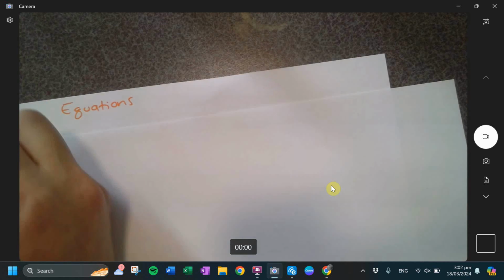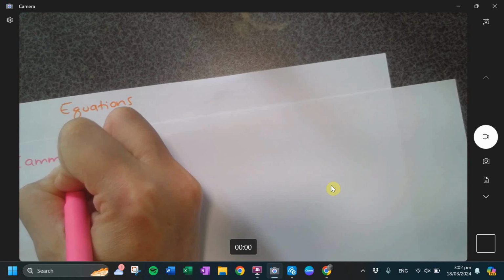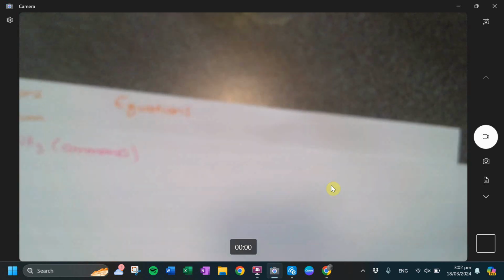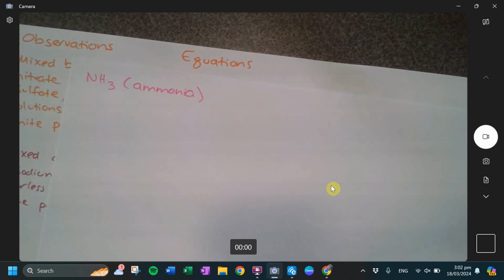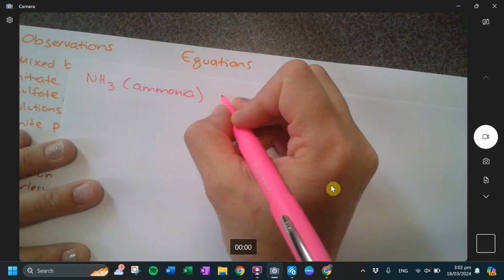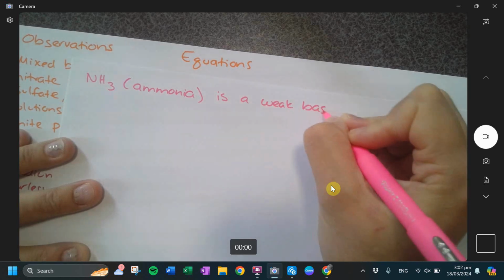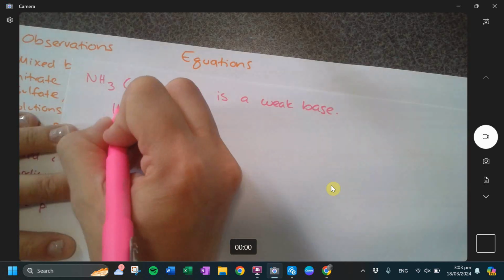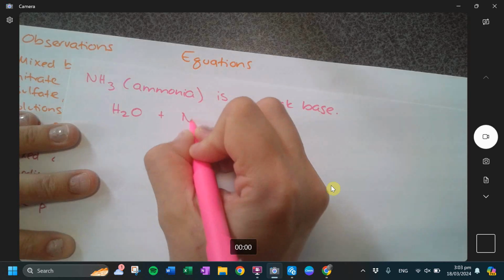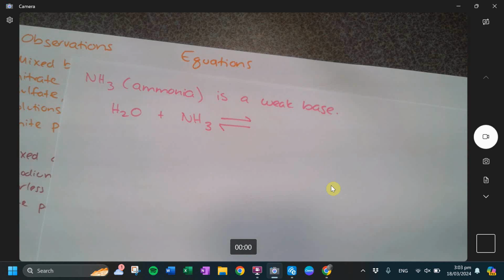So, NH3, also known as ammonia, is a weak base. So ammonia is a weak base. It reacts with water. So what happens is H2O reacts with NH3. This is a reversible reaction, so that's why I have these new little arrows.